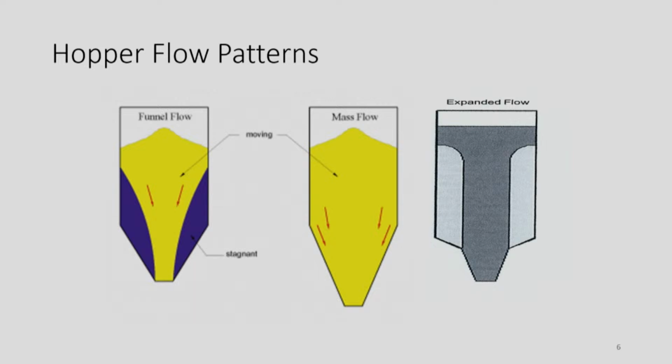But can you think of one disadvantage of a mass flow bin, other than the height and expense, when it comes to powder flow property? One disadvantage that you can think of? Discharge rate you can actually adjust.